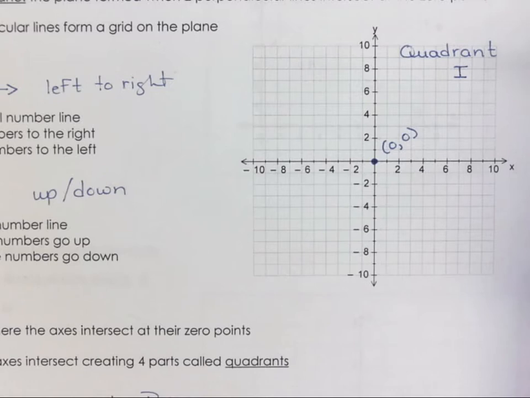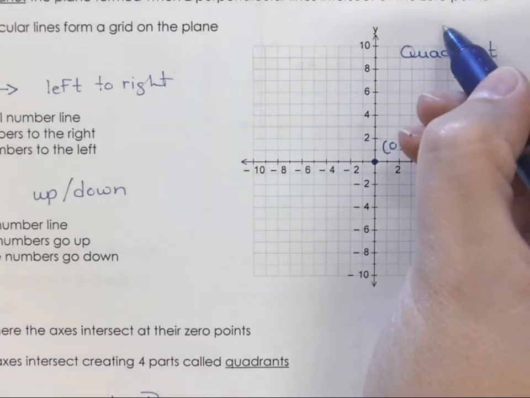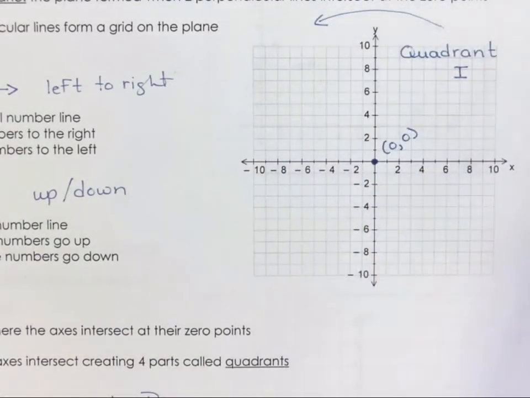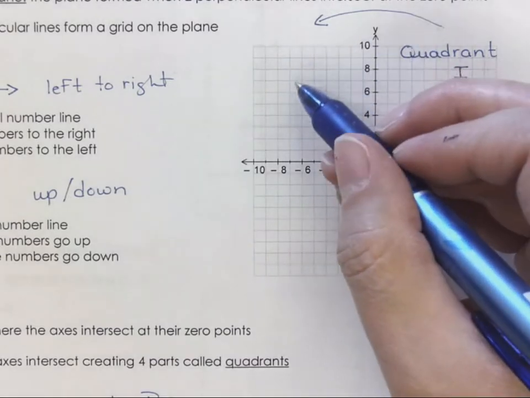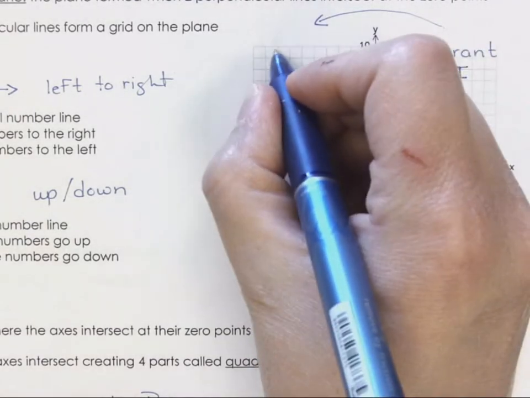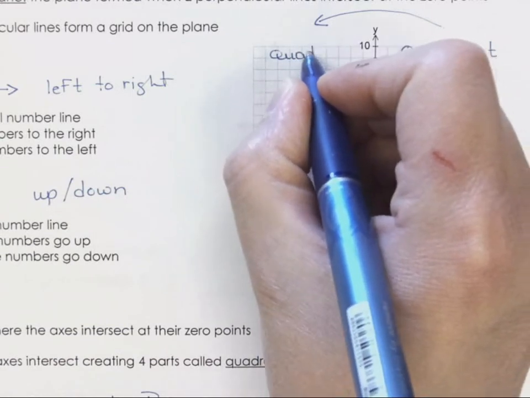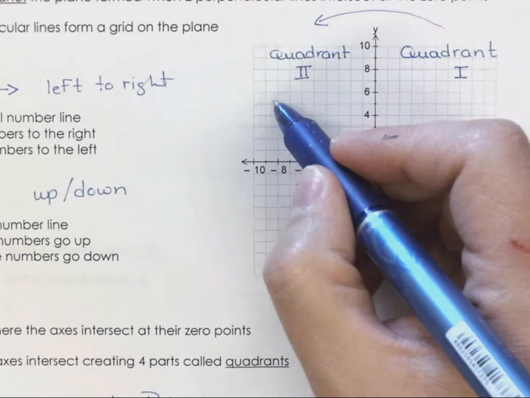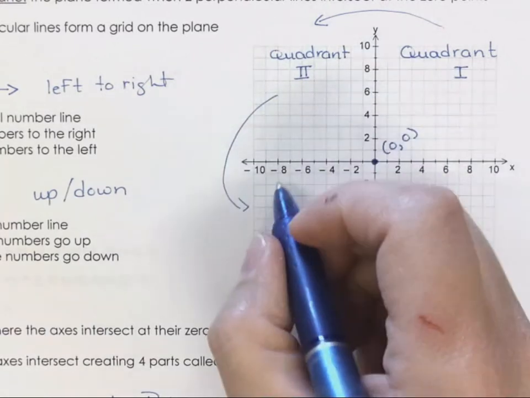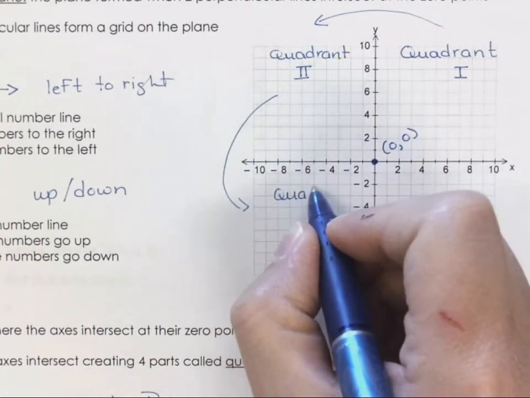It's okay if you just want to use the number 1. And we go in a counterclockwise direction, so we're going that way. So you'd think you'd go down here first, but you wouldn't. Quadrant 2 is actually backwards, counterclockwise. So this is quadrant 2. And then this one over here is quadrant 3.